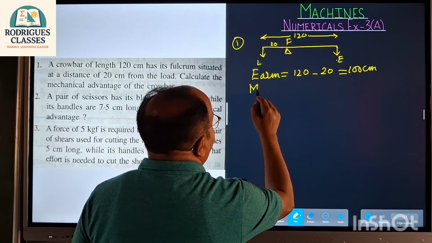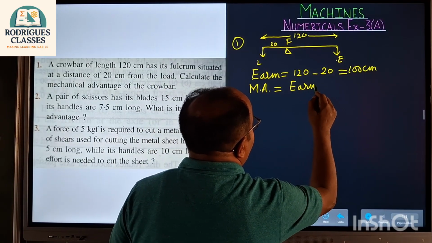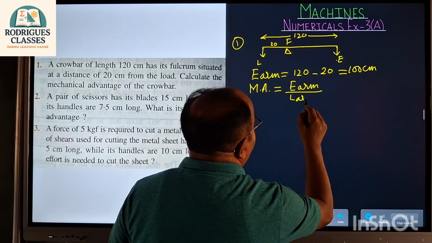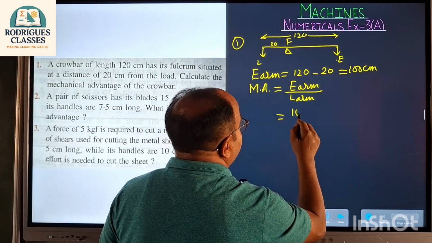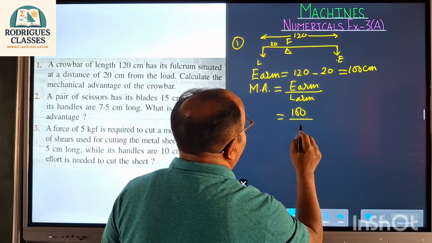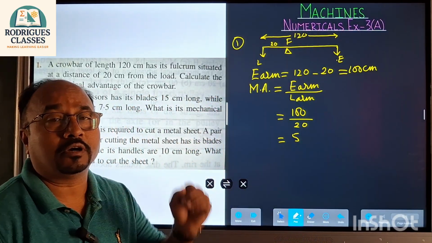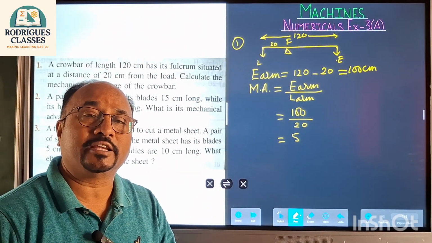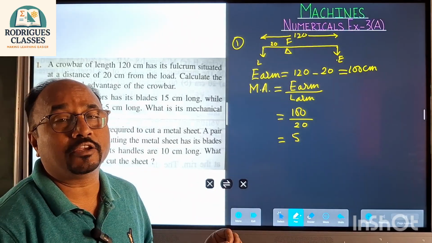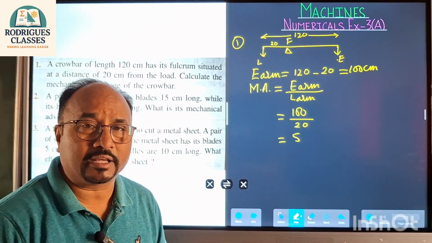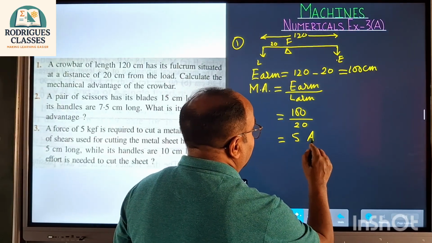Now we can write mechanical advantage equals effort arm by load arm, and so the values are: effort arm is 100, load arm is 20, dividing it we get 5. Remember, mechanical advantage is a ratio, so it has no unit. Do not make the mistake of writing any unit when you are finding mechanical advantage as well as velocity ratio. So this 5 is your answer.